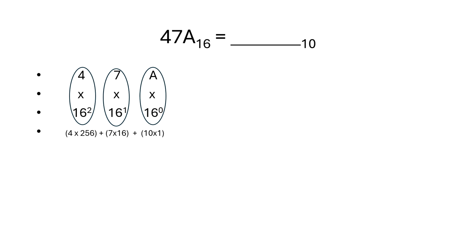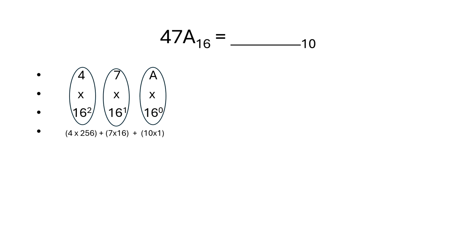And so you have 4 times 256. That's what 16 squared is, 256. And then the middle part, you have 7 times 16. And the right column, you have 10 times 1. And why is it 10? Because A in hexadecimal, or base 16, is 10 in decimal, or base 10.